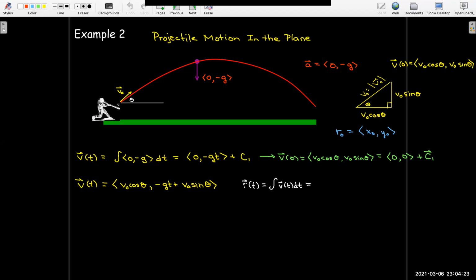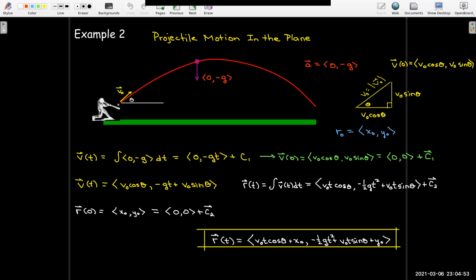But we'd like to find the position, so we'll take the antiderivative of the velocity vector. After I take the antiderivative of each term, I will get another constant of integration, but we'll just use the initial conditions for the position. The initial position has components x naught, y naught, so those will be the components of C2. And so our position vector is going to have two components.